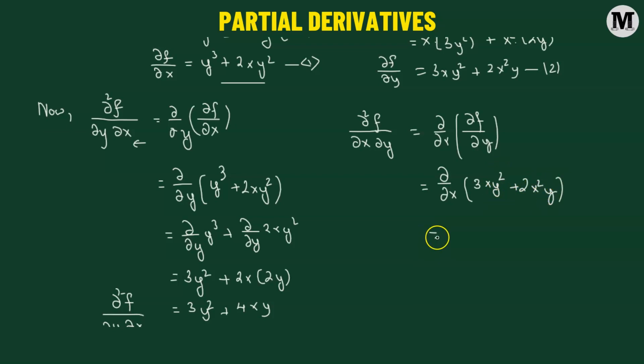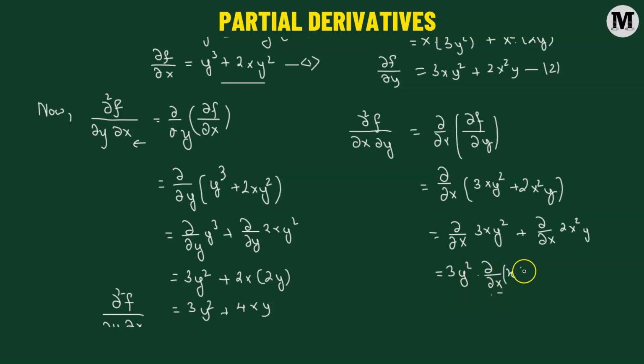We will get the partial with respect to x of 3xy squared added to partial with respect to x of 2x squared y. So this will be equal to 3y squared multiplied by partial with respect to x of x. We have treated 3y squared as a constant, so we have pulled it out since we are taking the partial with respect to x.